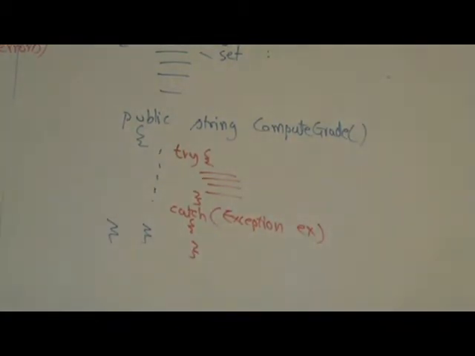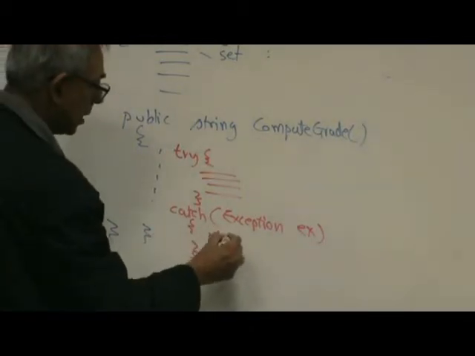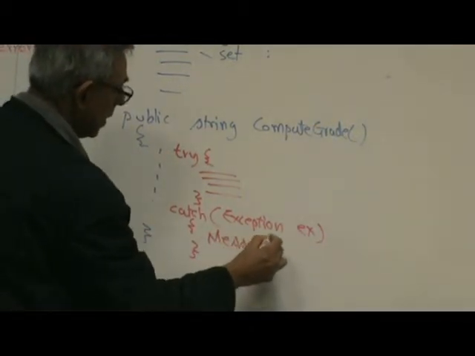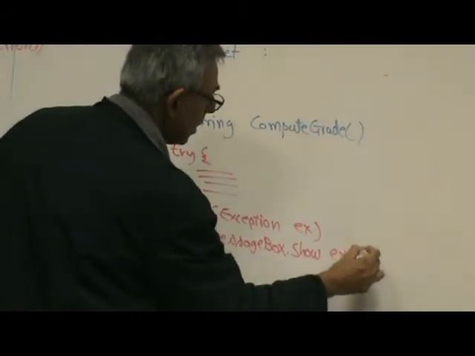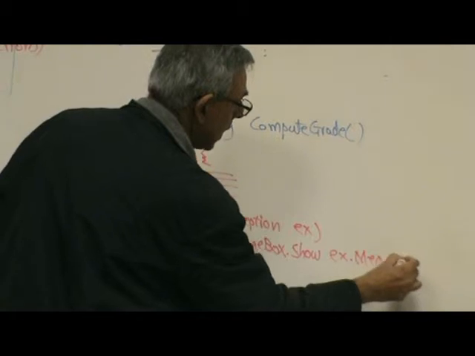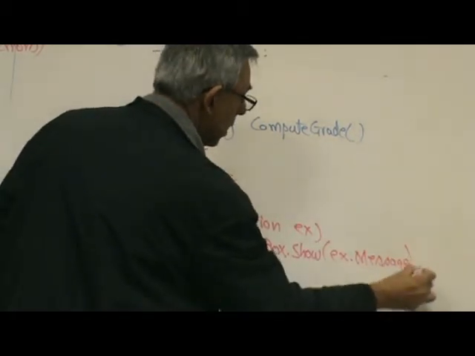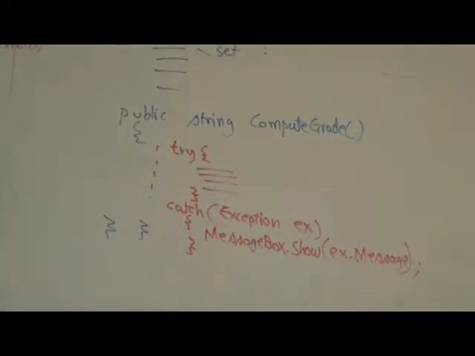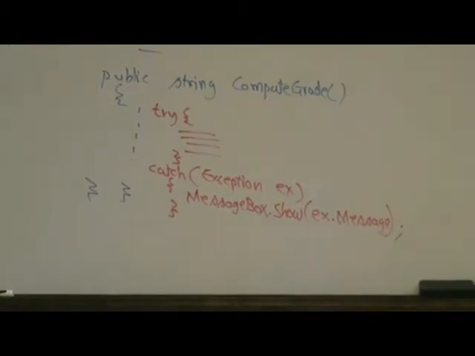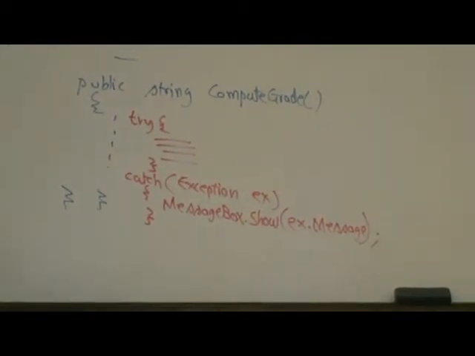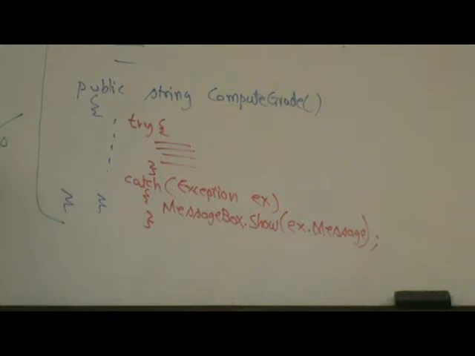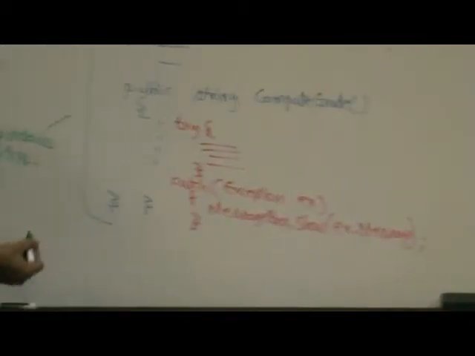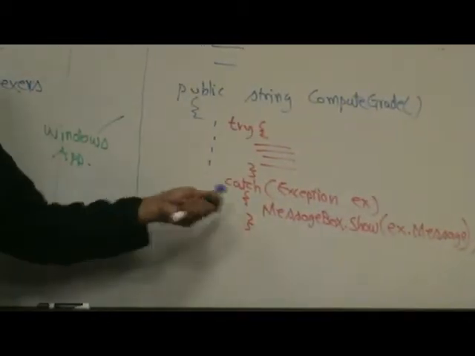Should we always write something like this, MessageBox.Show ex.Message? Should we always write something like this? No, the answer is no. Why not? Because if you were using this class, let's say in a Windows application, where the message box does make sense, then probably it's okay.